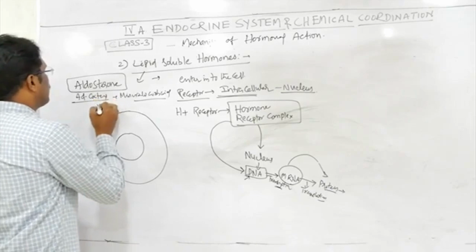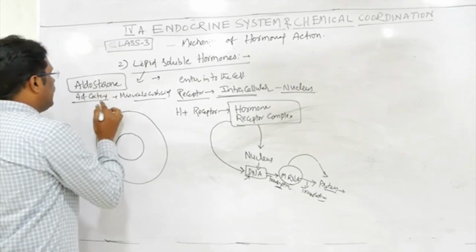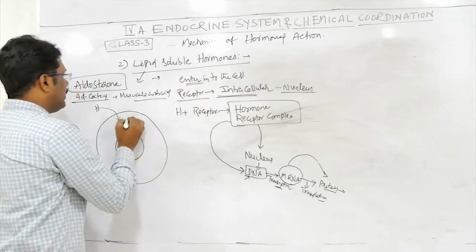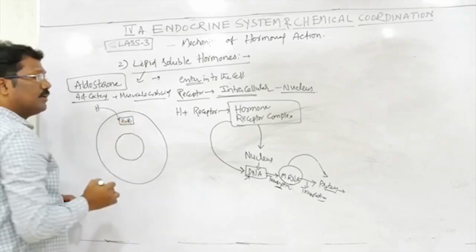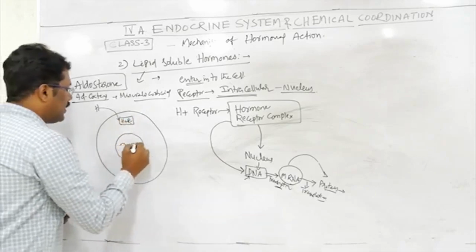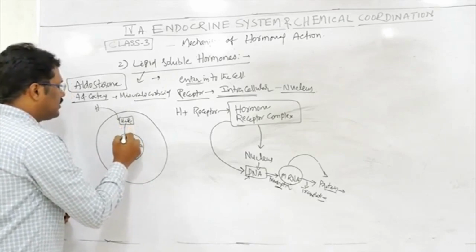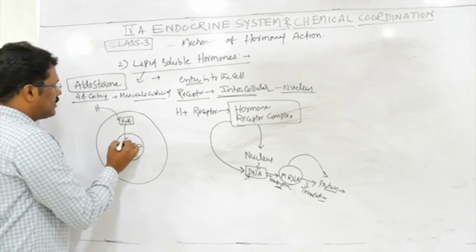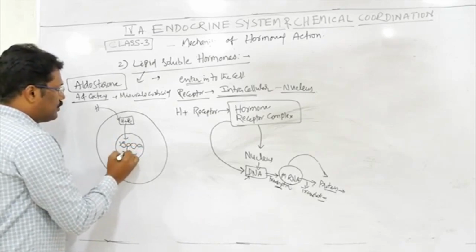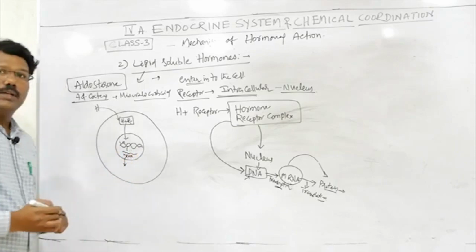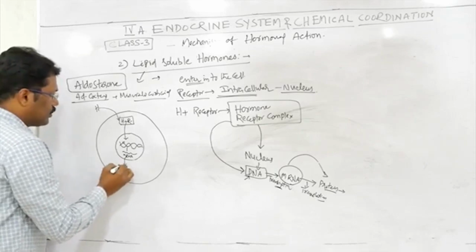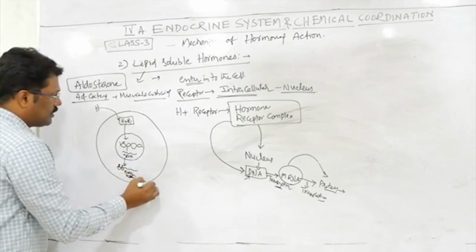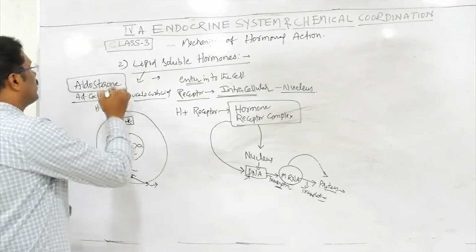The hormone aldosterone reaches the cell, and it enters into the cell because it has the capacity to enter into the cell, and it attaches with the receptor, forming hormone receptor complex, and inside the cell there is a DNA, and this hormone receptor complex enters into the nucleus through the nuclear pores, and it attaches with this DNA, and the mRNA is produced. This mRNA comes out of the nuclear membrane, and with the help of ribosomes, proteins are formed, and these proteins will have the impact of this hormone called aldosterone.